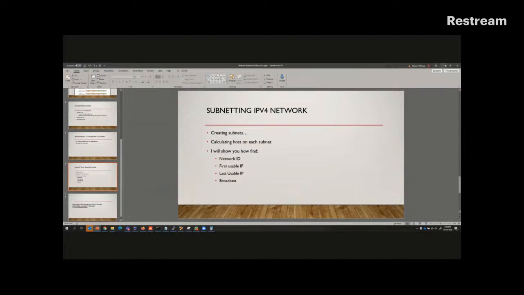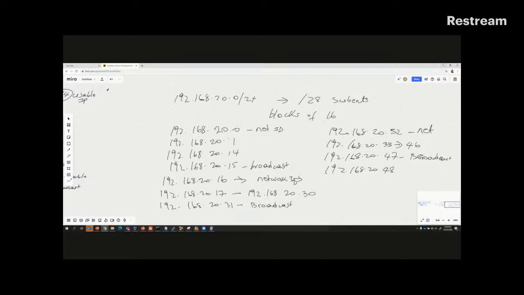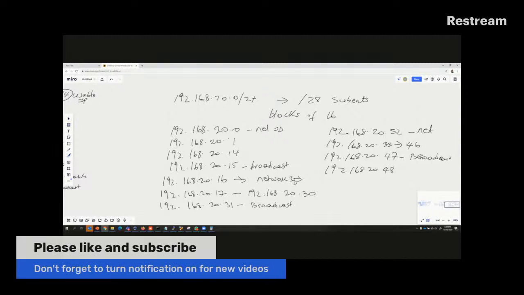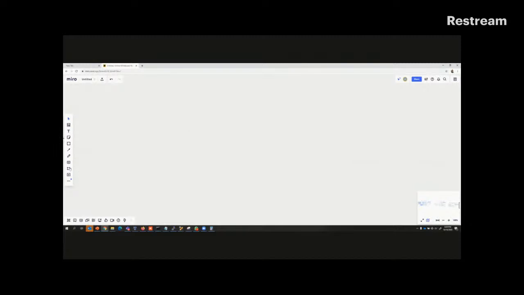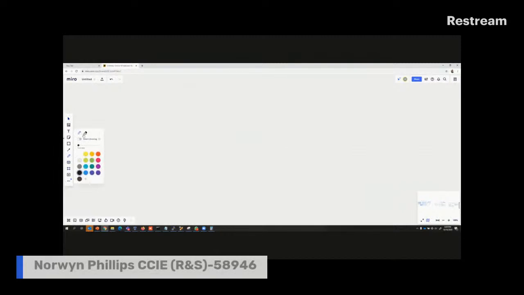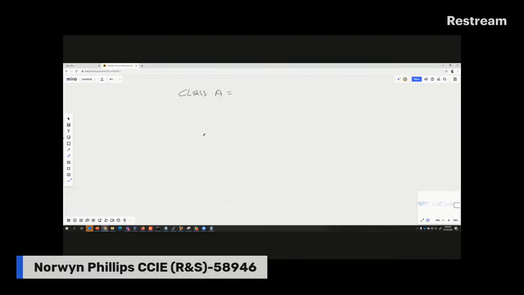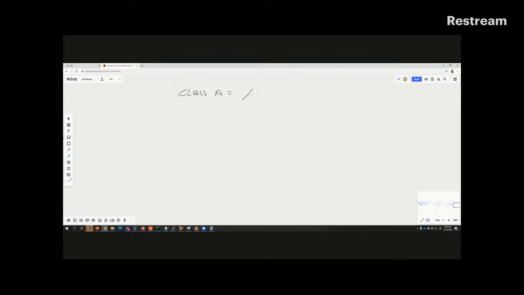One thing I wanted to provide you here, before we jump on to another video: by default, we talked about the different classes of IP address. So we have class A. The default subnet mask for class A is a /8, which means that only 8 bits are turned on of the 32.